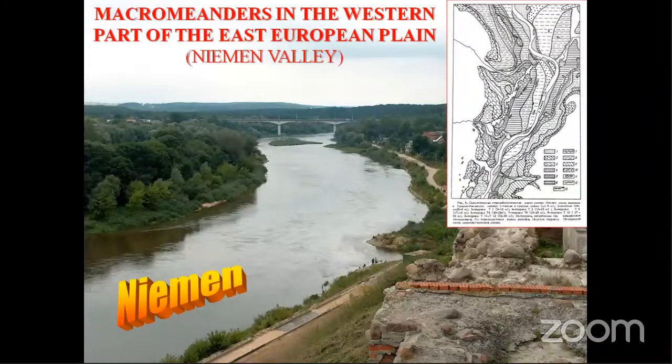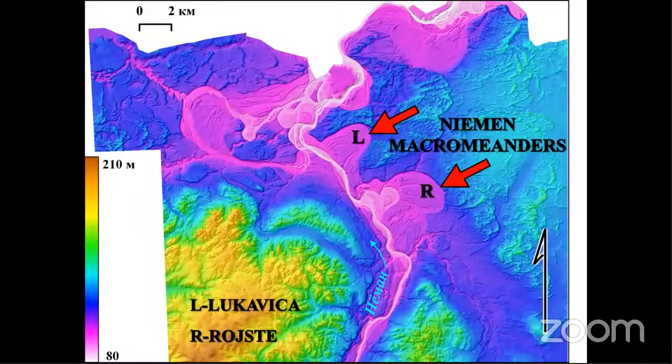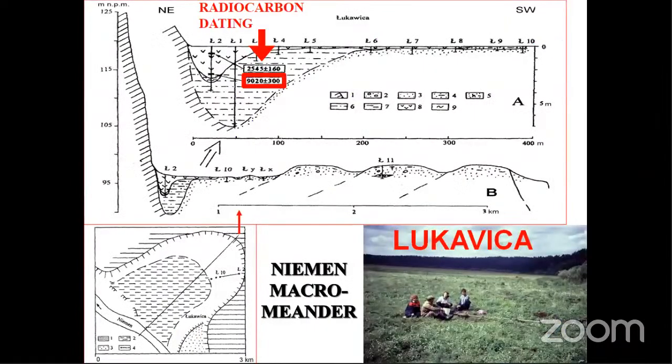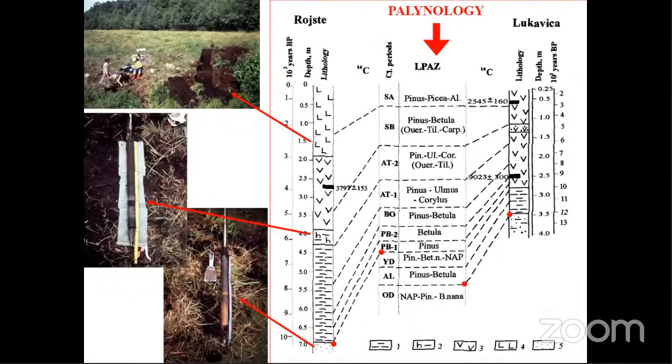Macromeanders were identified also in the western part of the East European plain, in the Niemen Valley, in Belarus. These are examples of Niemen macromeanders on a digital elevation model. One Niemen macromeander was radiocarbon dated at the early Holocene, and palynological dating placed it at the Older Dryas-Allerød transition, and a second macromeander at the Younger Dryas-Preboreal transition.